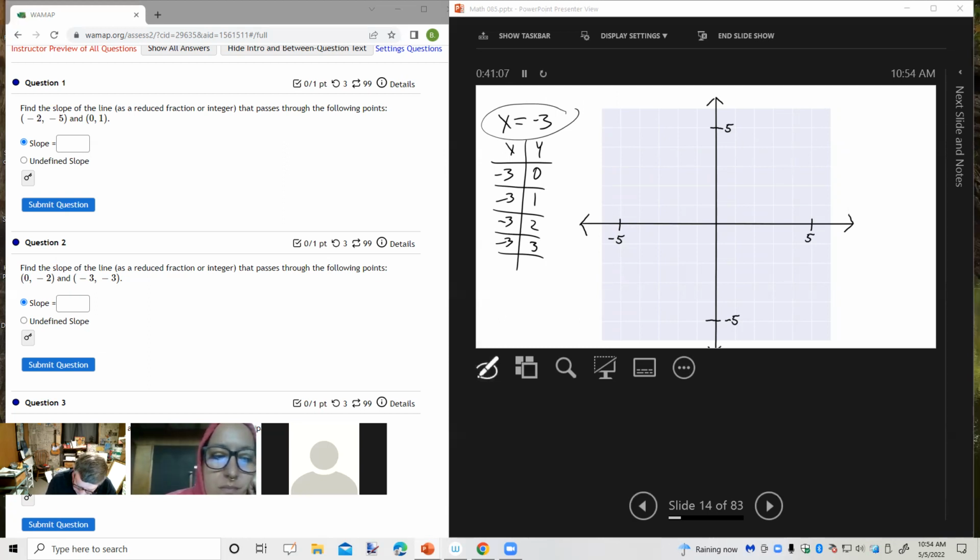Well, x is -3 when y is 0, x is -3 when y is 1, x is -3 when y is 2, x is -3 when y is 3. If we connect these points, we get a vertical line.